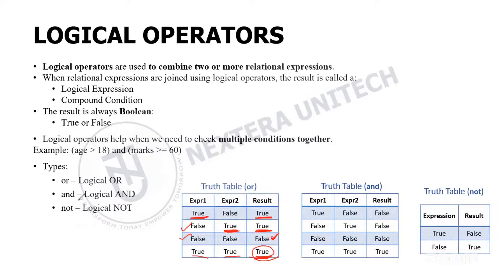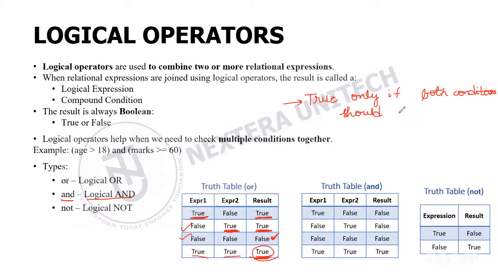Then we have the second logical operator, which is AND. So that is a logical AND. What it does is, the result will be true only if both conditions are true. So when you use AND, both conditions should be true.